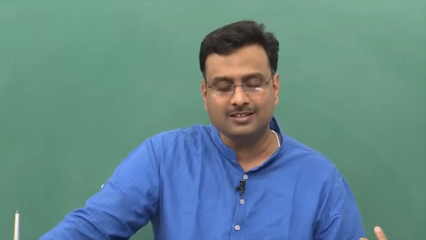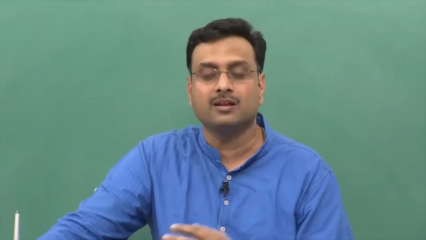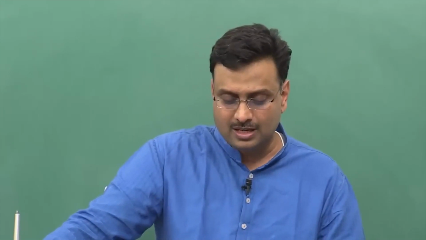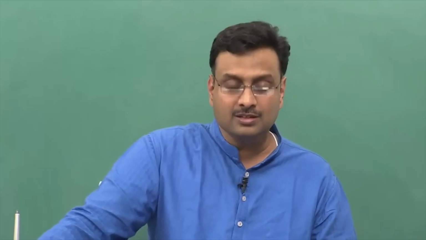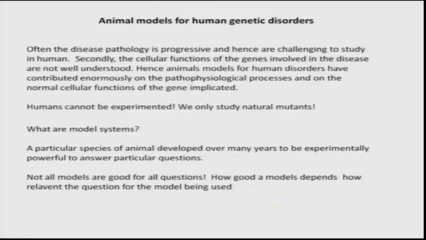Therefore, you need lab bred animals. That takes years to come up with a system, and these are experimentally very powerful to answer some of the very important questions regarding disease biology, disease pathology, or even understanding how a gene functions.